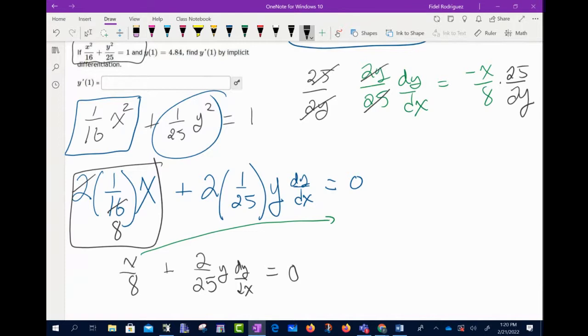Because in essence, we've always been saying we're going to divide by whatever we have, but how do we divide fractions? We multiply by the reciprocal, don't we? So now we're going to have a dy/dx equals, let's see, that looks like a negative 25x over a 16y, doesn't it? Okay.